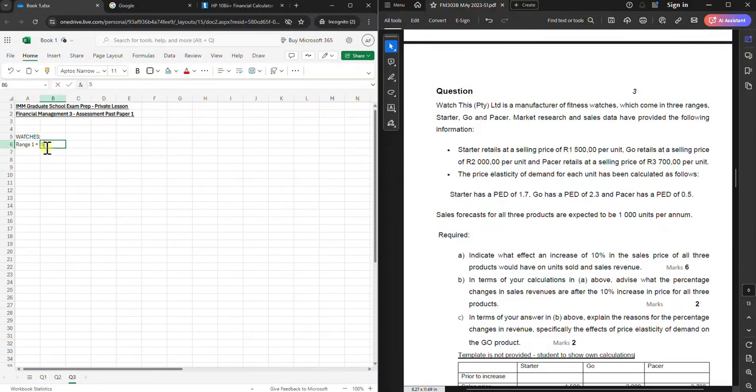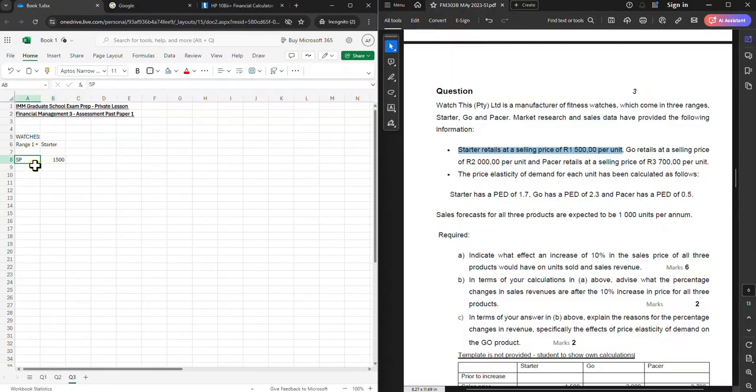Range 1 is the starter. I'll just do the 1 for starter and then we can duplicate it for all of them. So starter retails at a selling price of 1,500. This is per unit.